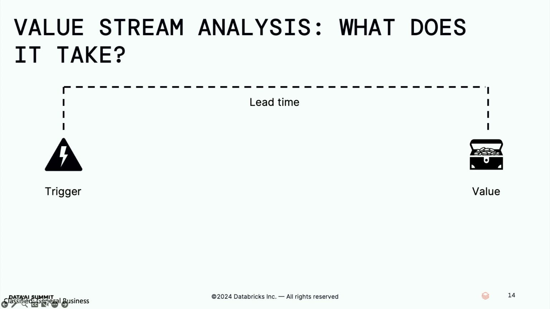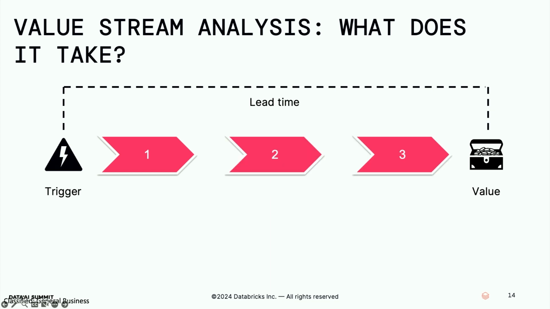In the problem that you're looking at, you might have a first step, and then a second and a third step. And it could be the case that there's a team that has to carry out step number 1, step number 2 is another team, and step number 3 is another team.